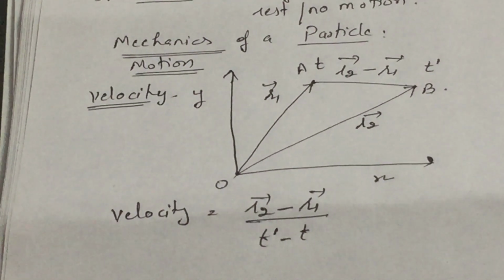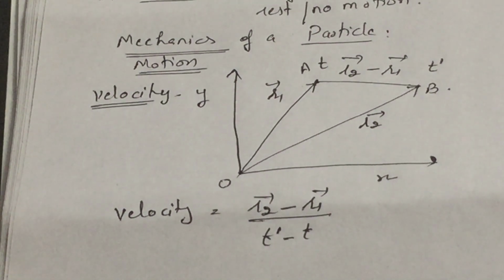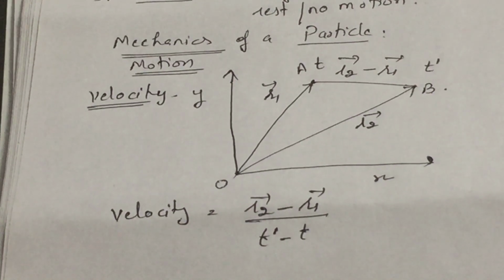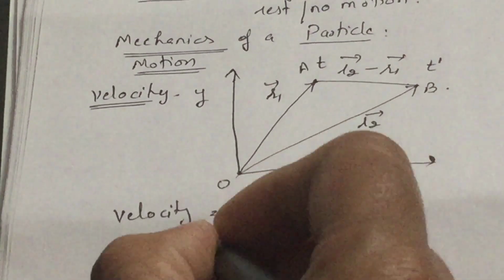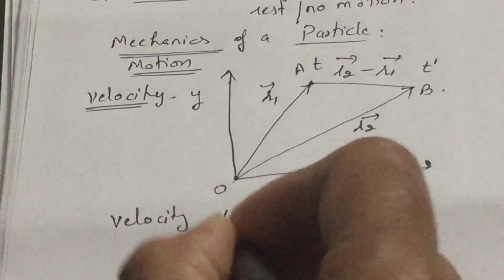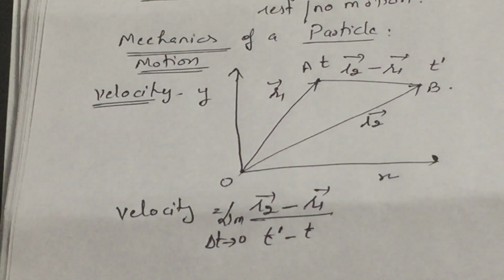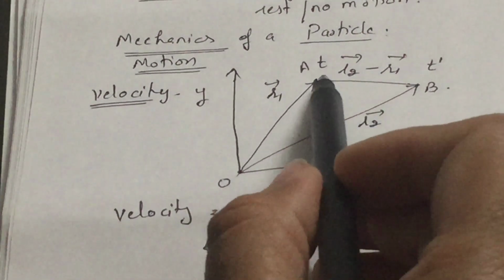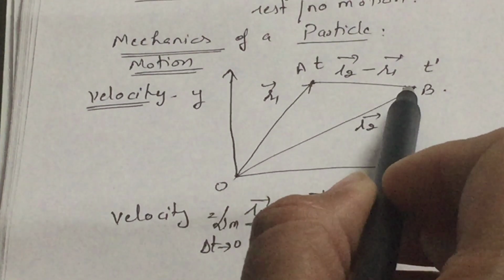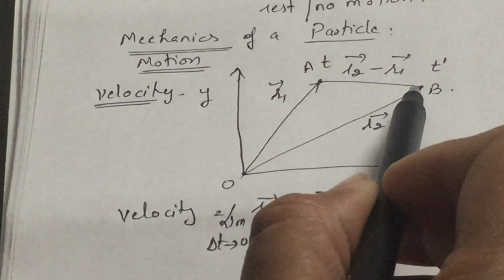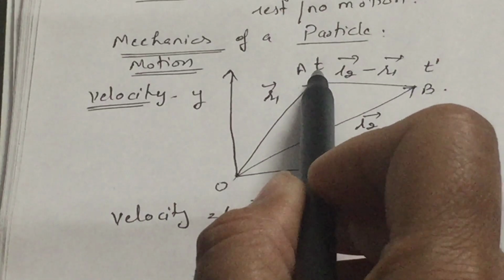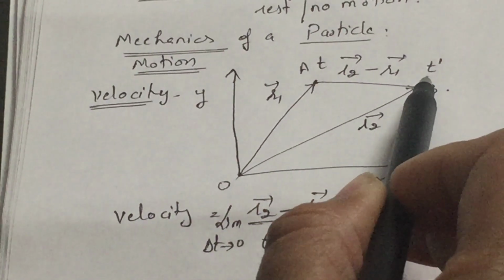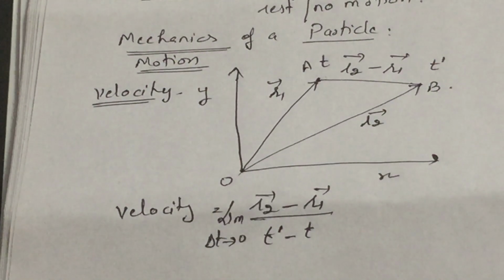We can give the velocity of the particle like this, but the condition is that the limit of the change of time tends to 0. It means this gap and this displacement are very small, such that the time taken from position A to position B is approximately equal to 0.